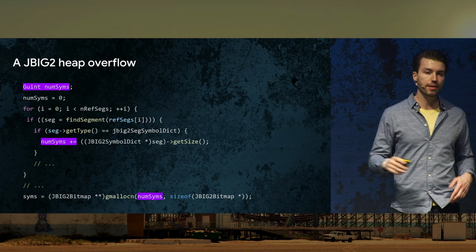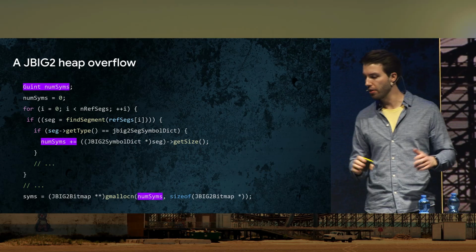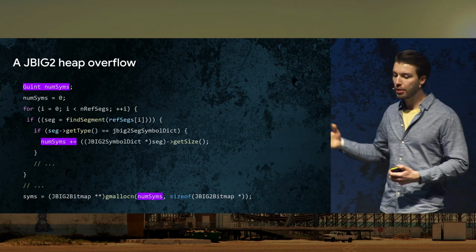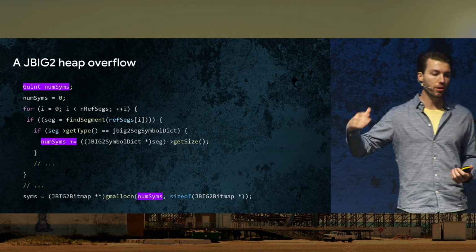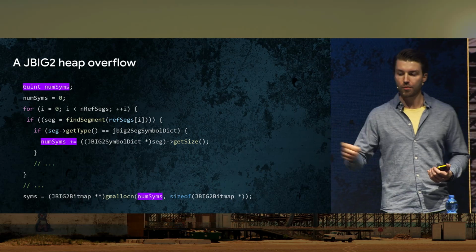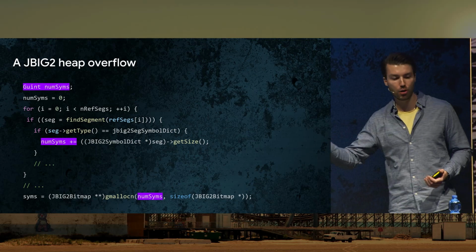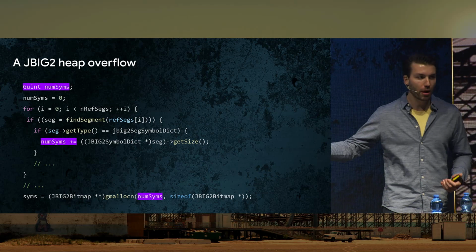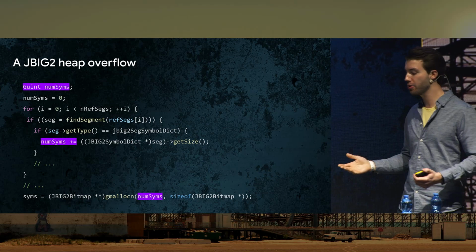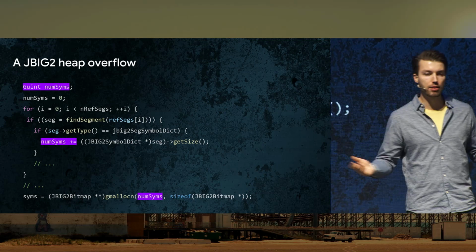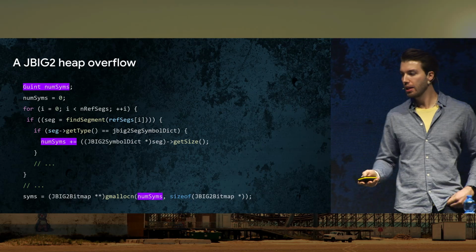You want to allocate some buffer to hold all the symbol dictionaries or so. So you first figure out how many there are, so you add up all the dictionaries. This thing ends up overflowing from like 4 billion to 10 or whatever. You allocate a buffer for 10 symbol dictionaries, and then you copy 4 billion into it, right? So that, of course, corrupts memory.